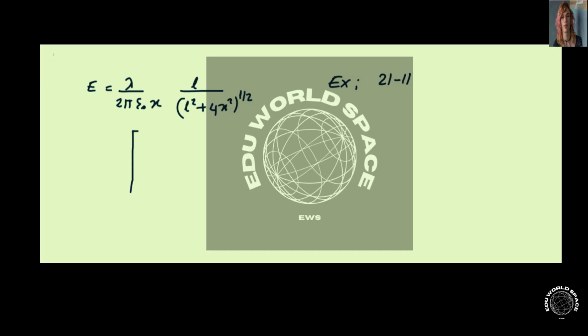So let's get going. Imagine that this is the uniformly charged wire, no current yet. We are at a point P, looking for the electric field.